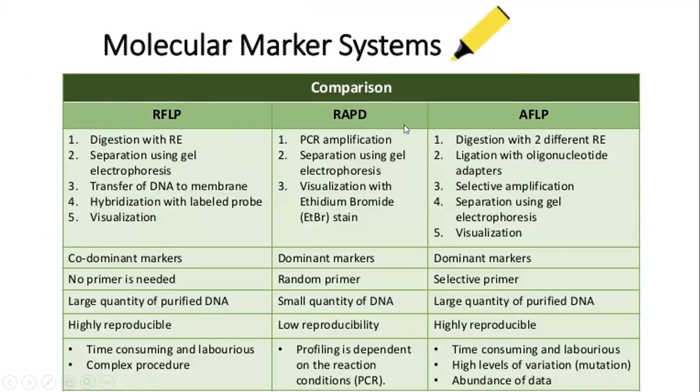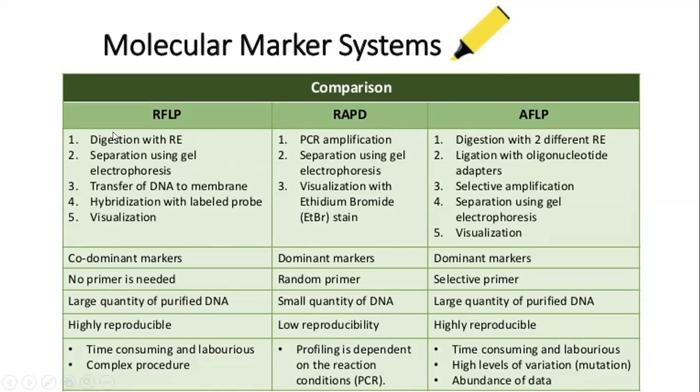Wherever A comes in a given marker, like RAPD or AFLP, you are amplifying from the given genome. Here you are cutting it, but in the other case you either cut or you amplify. If you use a PCR, then you are using a primer to amplify the given sequence of interest.